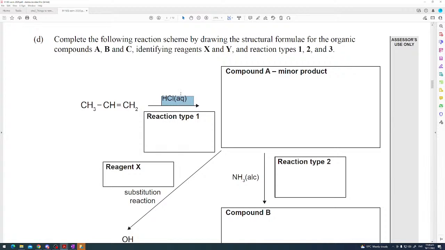If you say HCl/H2O, which is a horrible way of putting it, because they should have just done H+/H2O, that's when you would go to the alcohol. Okay, hopefully that makes sense.